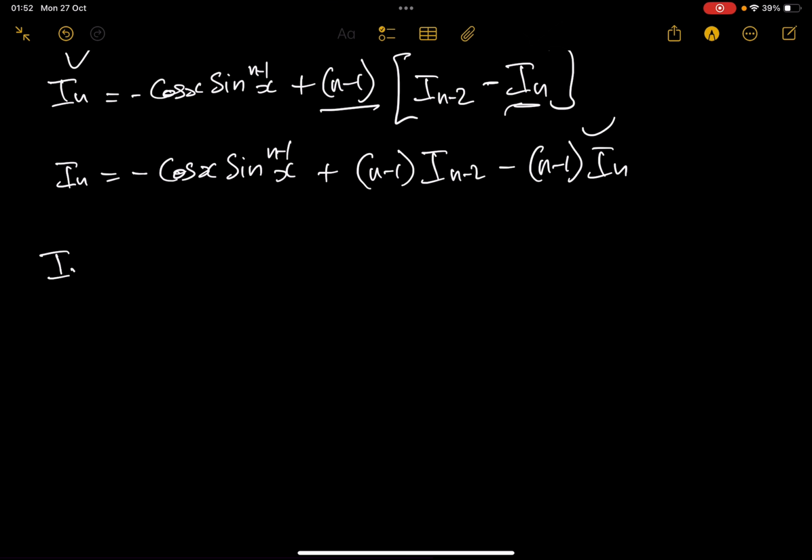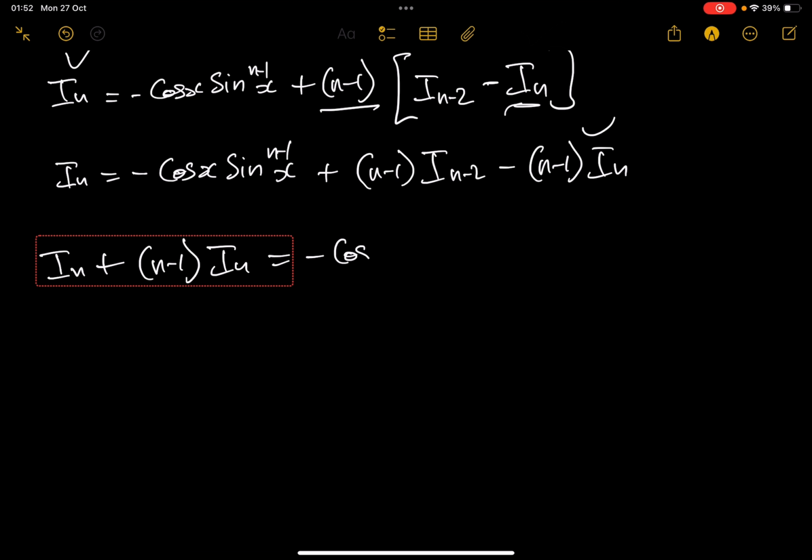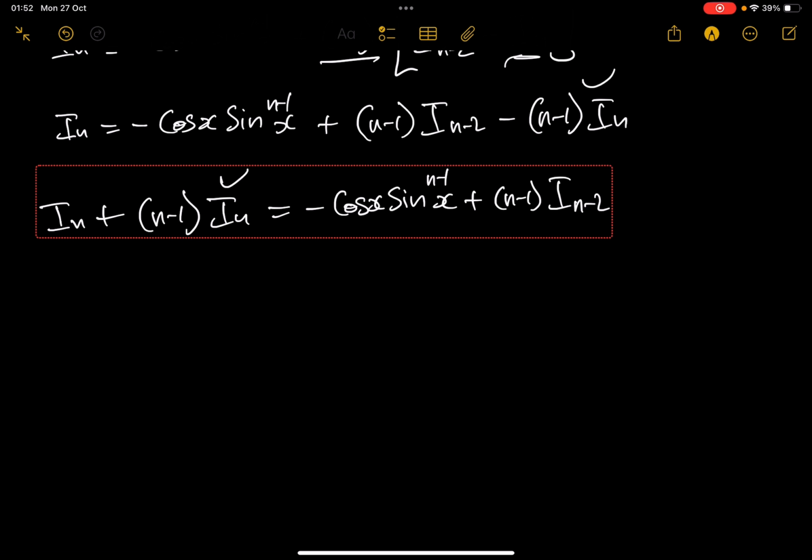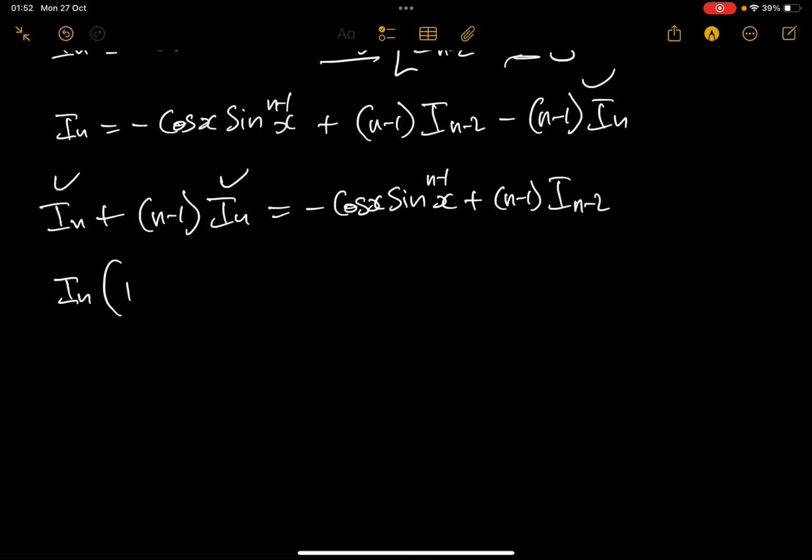We're going to have I_n plus, since it's minus here, it's going to be plus (n-1) I_n is equal to minus cos x sin^(n-1) x plus (n-1) I_(n-2), isn't it? So this is what we have, and then here I'm going to factor out I_n. So I_n, it's 1 plus (n-1), right?